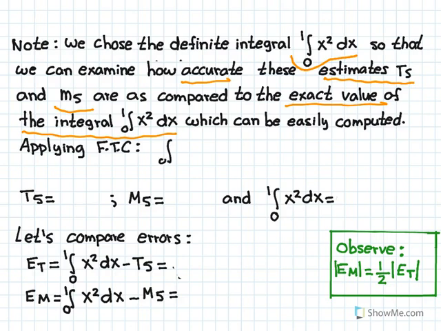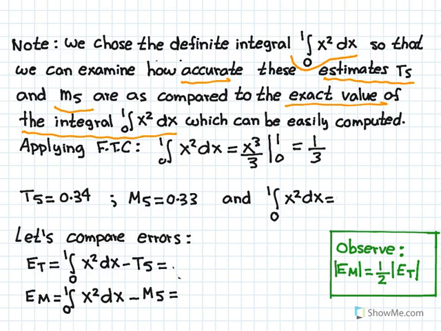The integral from 0 to 1 of x squared dx is equal to x cubed divided by 3, reversing the power rule, apply the fundamental theorem of calculus from 0 to 1, and we get 1/3. So from before, T5 is 0.34, the trapezoidal rule approximation. M5, we found to be 0.33. And the exact area under the curve is 1/3, where we applied the fundamental theorem of calculus.